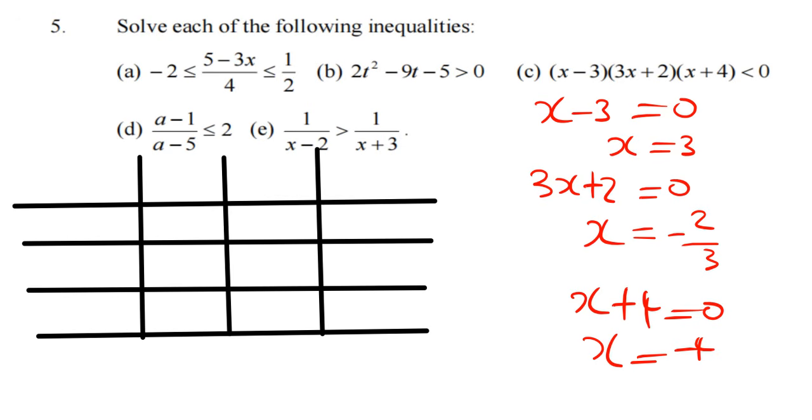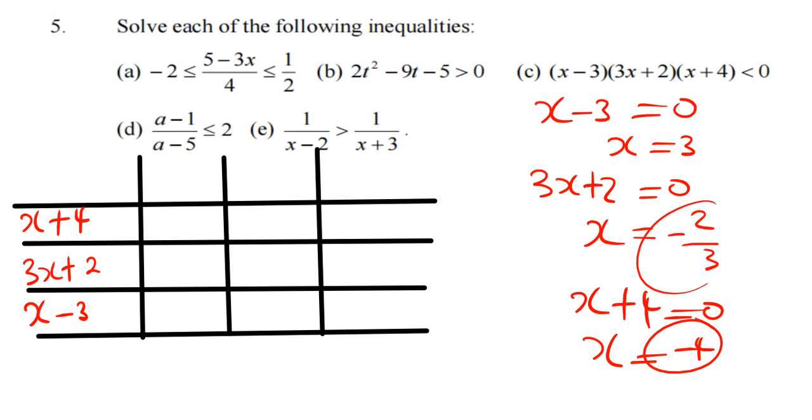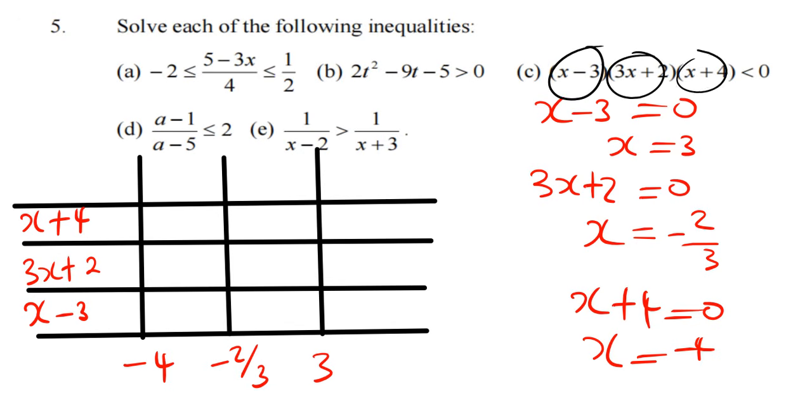We've got x minus 3, we've got 3x plus 2, we've got x plus 4. Then the values that we have are negative 4 and negative 2 over 3. The smallest one is negative 4, then negative 2 over 3, and then 3. So that is what we have, and these factors are multiplying, so it means we're finding the product of signs.